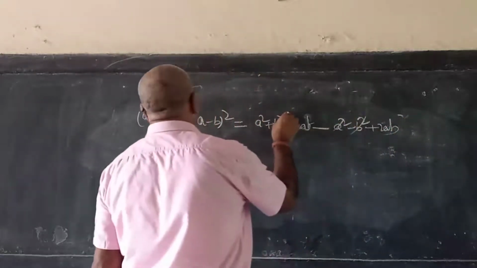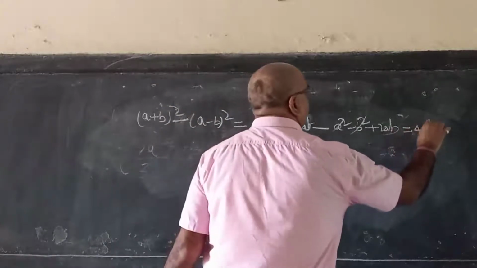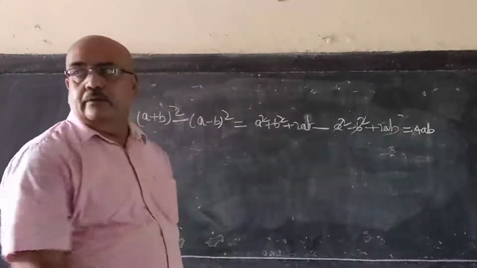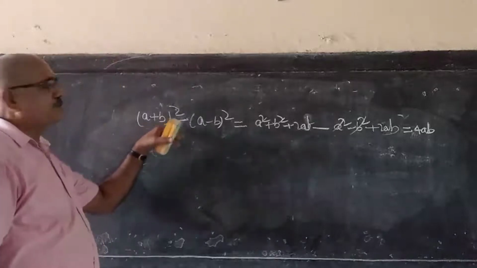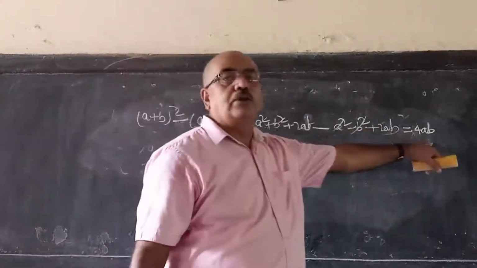The a square and b square will be cancelled, so the result will be 4ab. So when we subtract (a plus b) whole square minus (a minus b) whole square, the result is equal to 4ab.